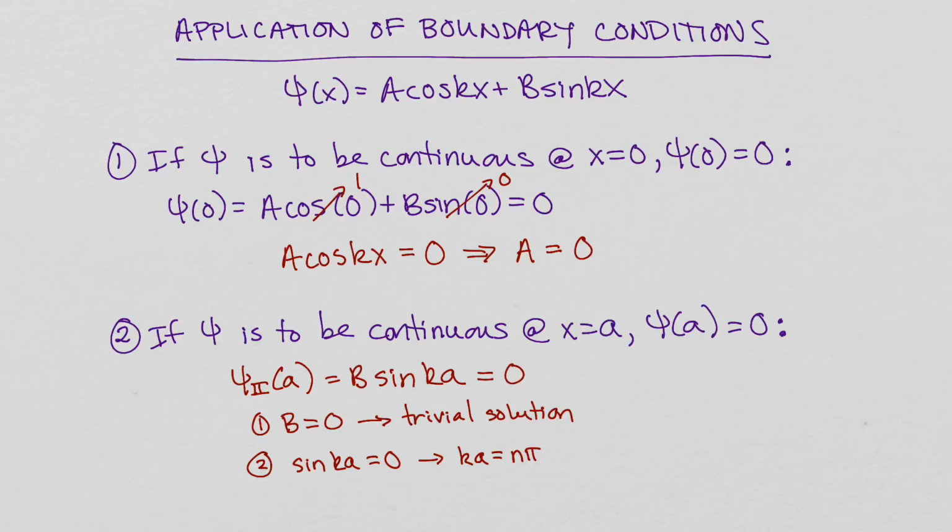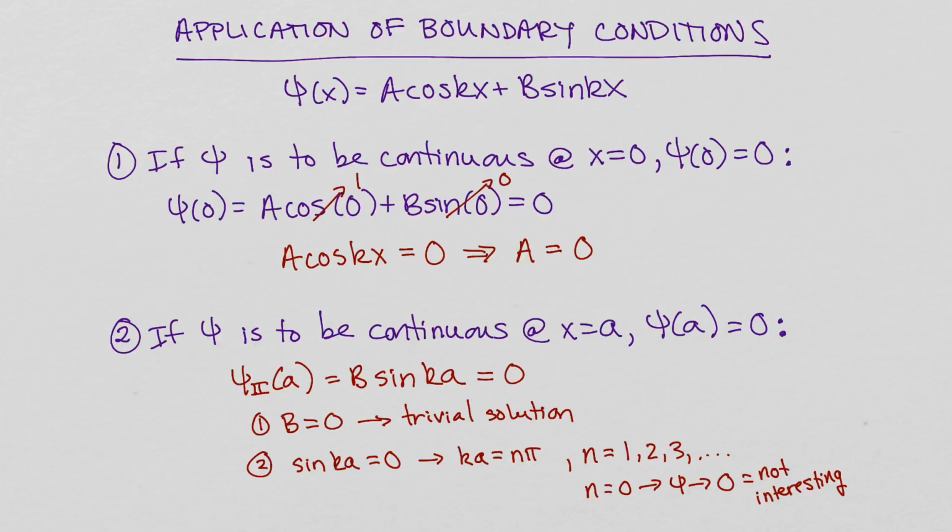Okay, one caveat that we're going to put on there is that n can equal 1, 2, 3, and so on. It does also equal 0 at n equals 0, but if we put in n equals 0, then we get, again, our situation where we have no wave function, which is not interesting, or again, another trivial solution if you want to use that lingo.